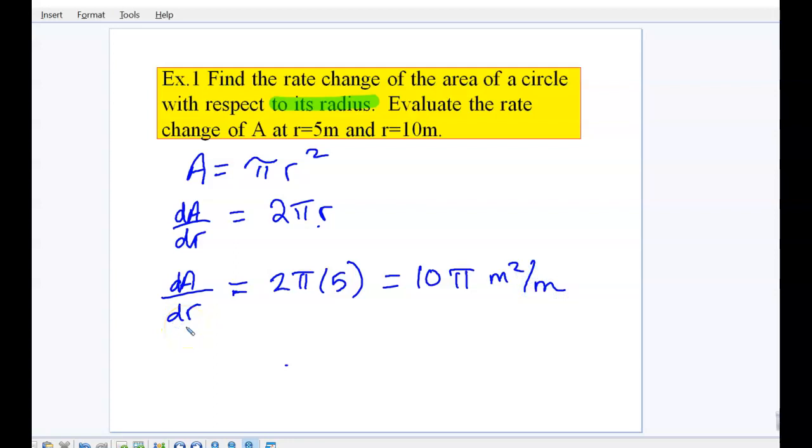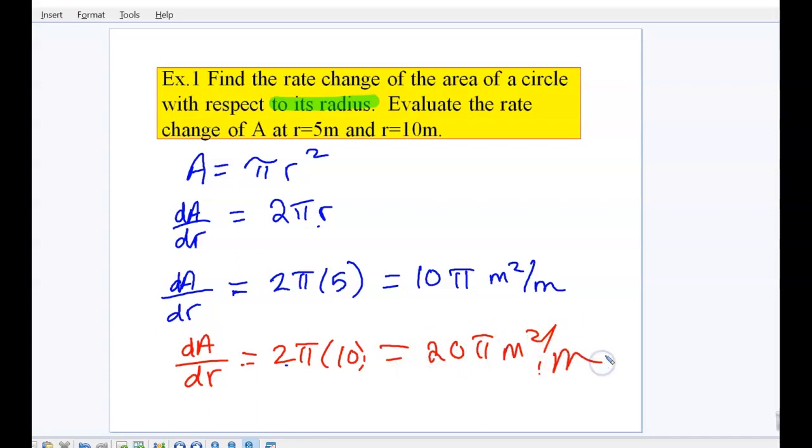That looks kind of odd, but if you think about it, this really means that the area is changing by 10 pi meters squared for every 1 meter increase of the radius. Now, if I wanted to find the change in area when r is 10, it would be 2 pi times 10, which would be 20 pi meters squared per meter.